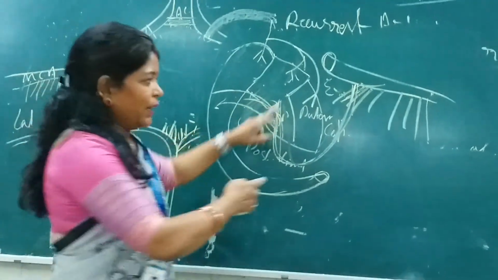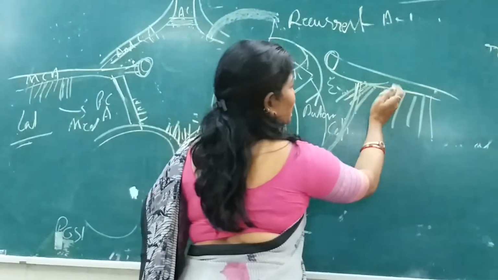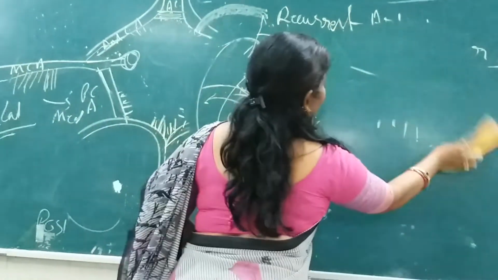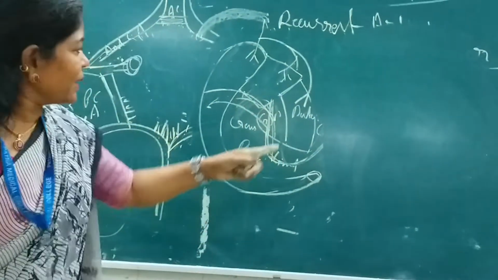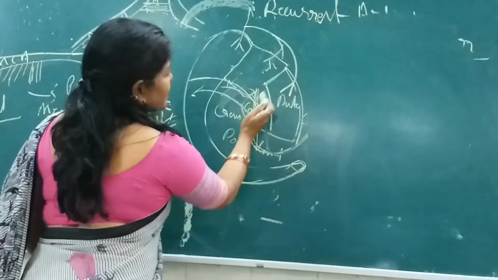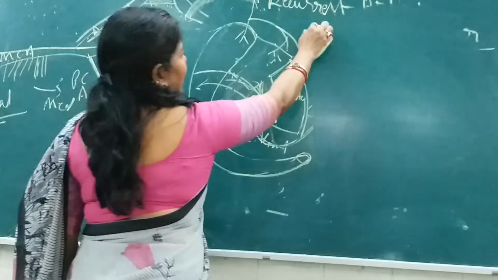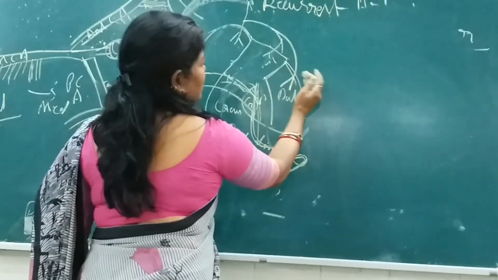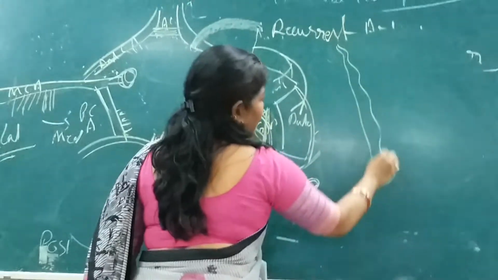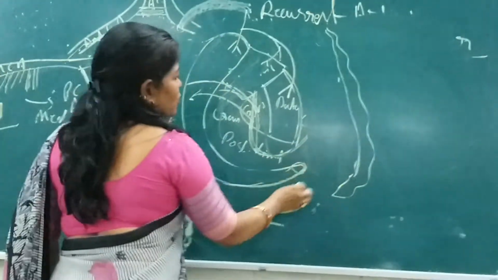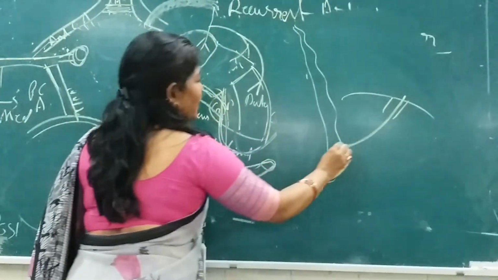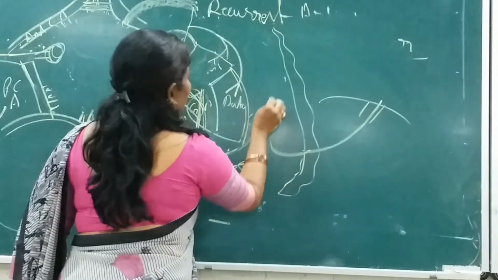It is said. Then the lateral set, what will it do? It will ascend. It will supply all the structures by taking a bend outwards. This is the internal capsule, and just outer to the lentiform nucleus there is the external capsule, and here is the claustrum. So these lateral set branches will ascend upwards.